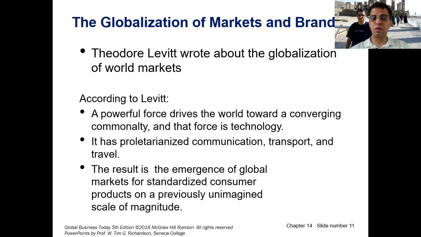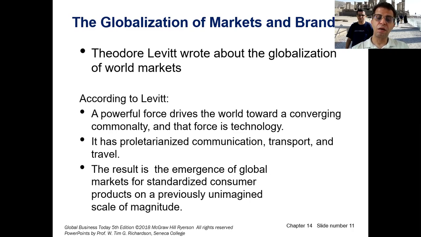Theodore Levitt says this about the globalization of the world market. According to him, a powerful force drives the world toward a convergence, a global village in a way, converging commonalities, similarities, and that force is technology.